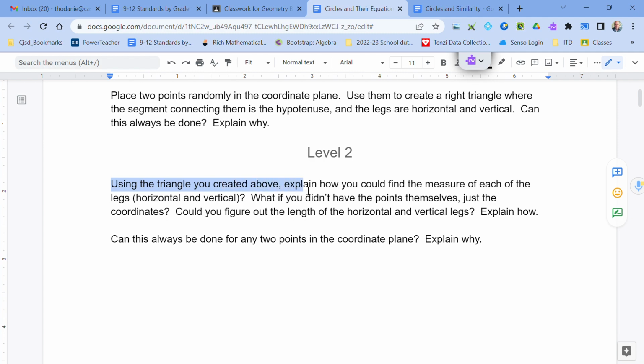Using the triangle created above, explain how you can find the measure of each of the legs. Well, how could I find the length of a leg, this leg here, from A to C? It turns out that they have an x value here and a y and an x value here. So if you look, point A has an x value of 3.44, and point C has an x value of 12.24.